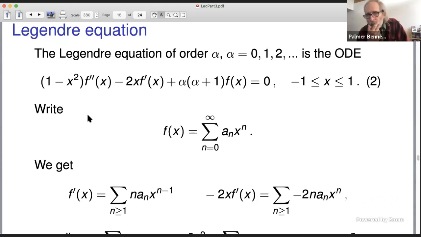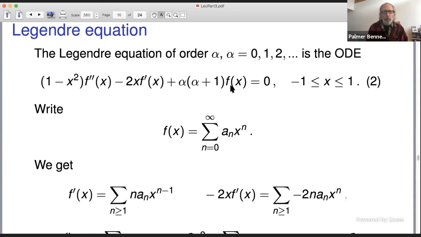And this is the differential equation: 1 minus x squared f double prime of x minus 2x f prime of x plus alpha times alpha plus 1 f of x is equal to 0. Here alpha is a parameter, and it's usually taken to be an integer, 0, 1, 2, etc. So for each alpha, you'd have a different equation.